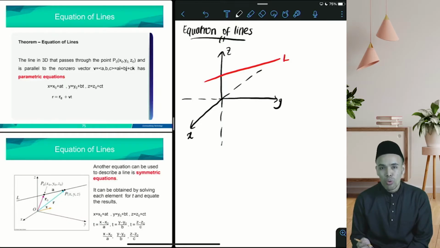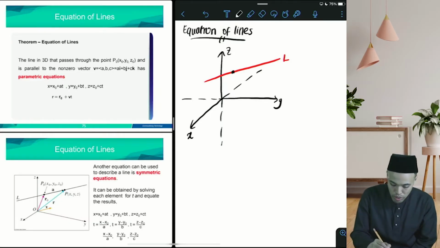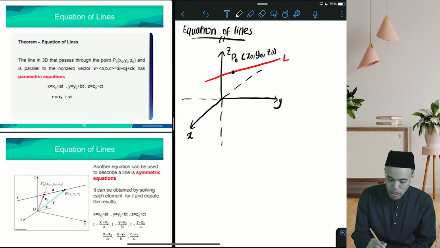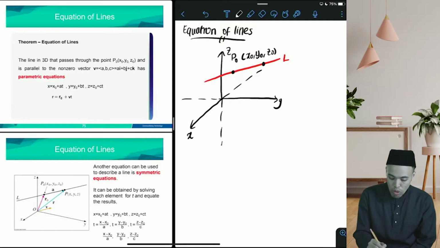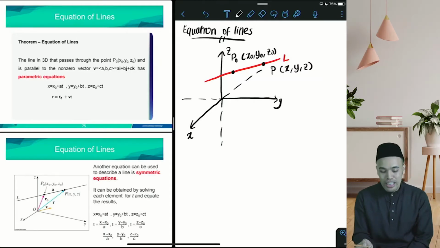Alright, so right now, let's imagine there are 2 points that lie on the line L, and we will call the first point P naught. Point P naught consists of coordinates x naught, y naught, and z naught. Then there is another point, which we call point P, consisting of coordinates x, y, and z.